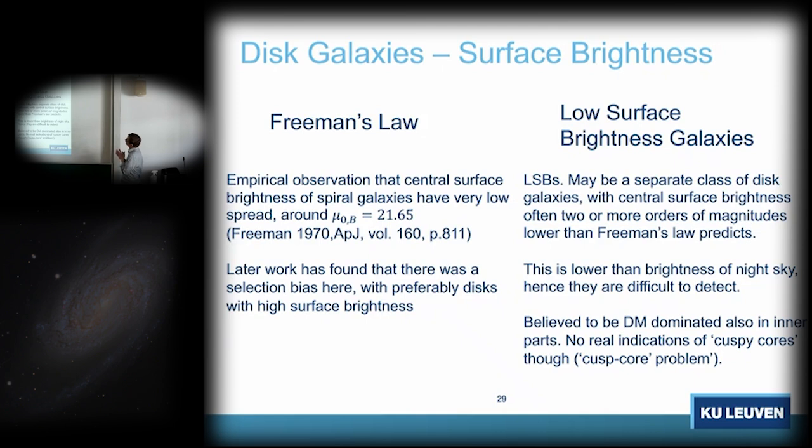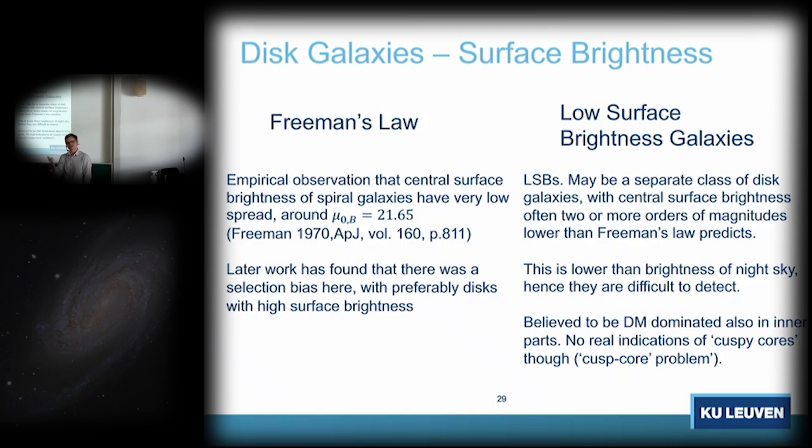Now, one of the important things with the low surface brightness galaxies is that they're believed to be dark matter dominated also in the inner parts. If we look at the standard spiral galaxies, then when we go to the disk and to the inner parts, we're not completely dominated by the dark matter halo anymore.